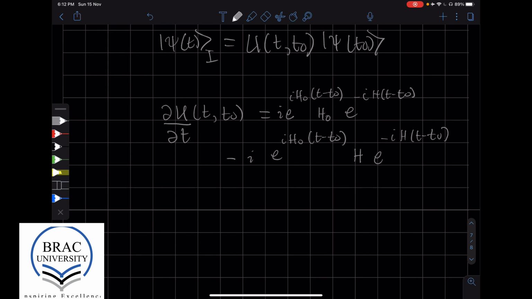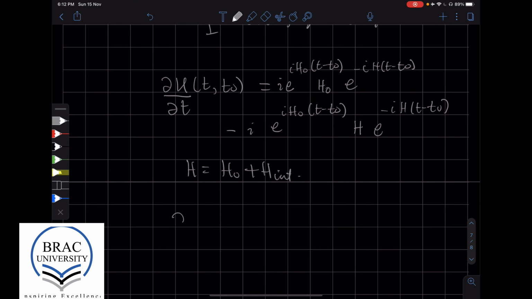And noting that the total Hamiltonian H is H0 plus H interaction, we can write this as del U by del t, where U depends on t and t0.